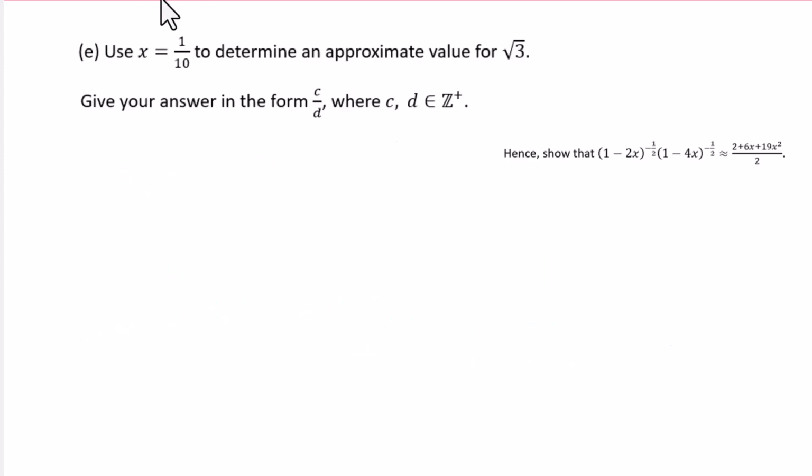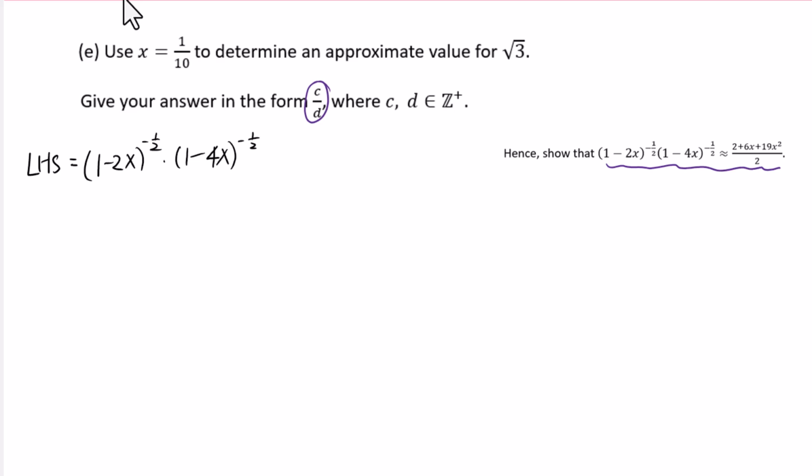Use x equals 1 over 10 to determine an approximate value for square root of 3. Give your answer in the form c over d, where c, d are positive integers. We will use this conclusion. 1 minus 2x to the negative 1/2 power times 1 minus 4x to the negative 1/2 power. Let's use the left hand side equals this. We will substitute 1 over 10 for x.